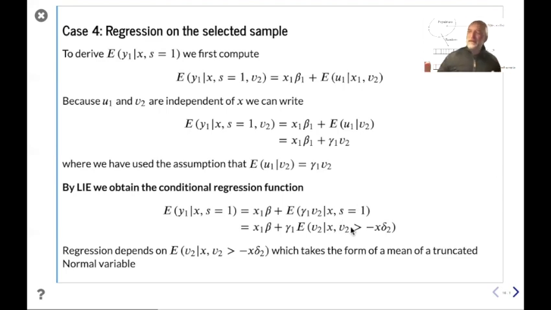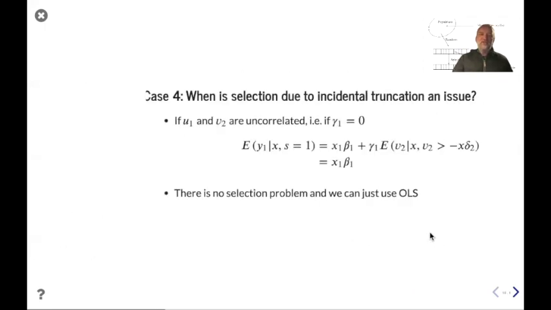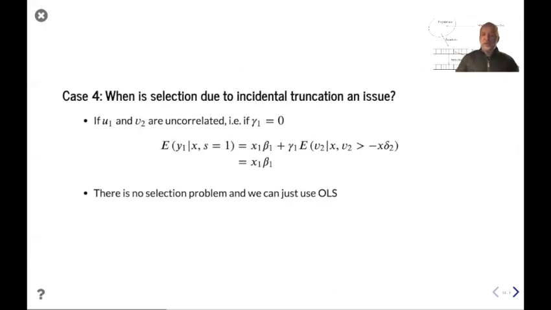This is completely analogous to when we talked about the sample selection or censored regression models, where we were deriving these conditional means in the objects of interest. There we also have a mean of a truncated normal distribution, and that took the form of this inverse Mills ratio. A coming slide will derive that.